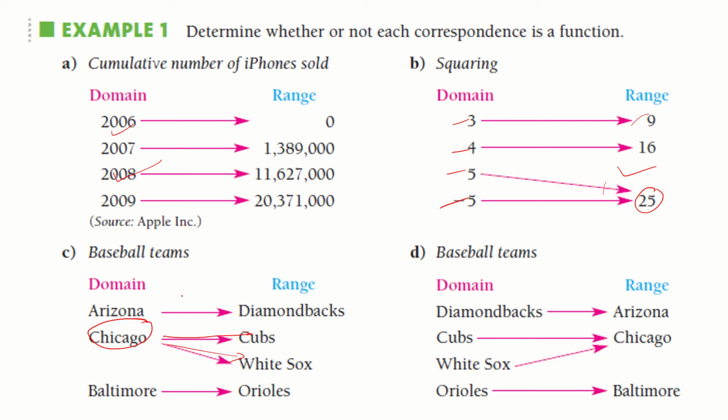So in this case, this expression is not defining a function. Whereas this one is also defining a function because every element of this set is being assigned a unique value from here. Yes, Cubs and White Sox obviously have the same value, but that is still a function.